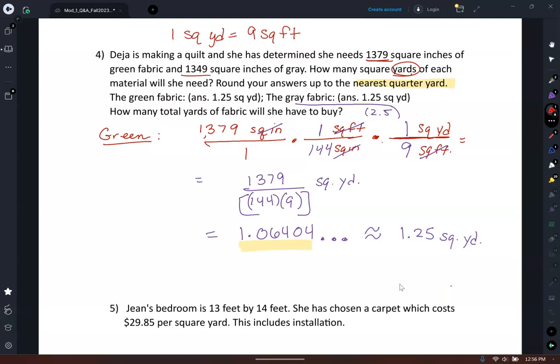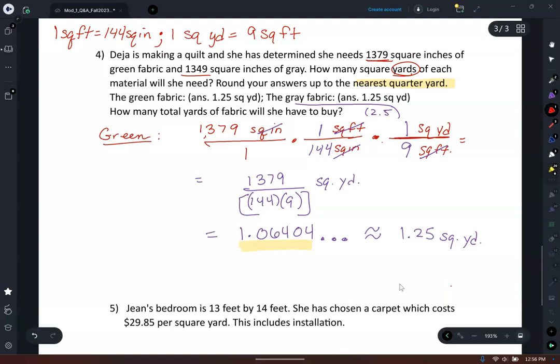Before you get to that one, you might actually need 1 square foot equals 144 square inches. So those are the two I used here. So just want to make sure, because I did switch something up by accident there. So the square feet to square inches is right here. Square yards to square feet is right there.